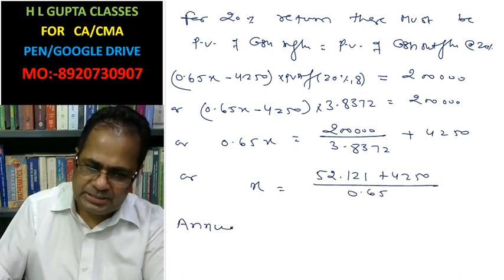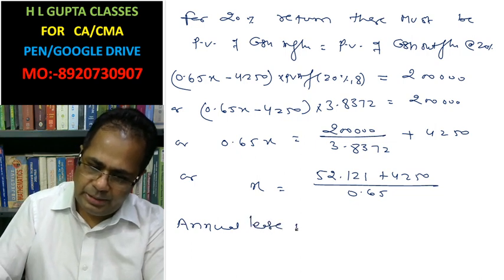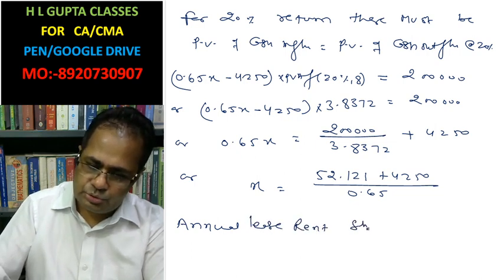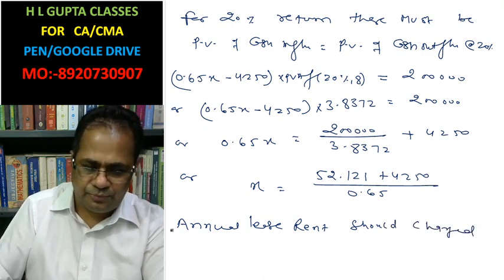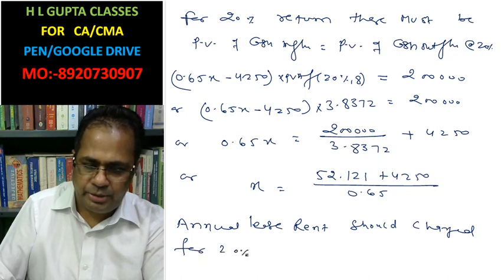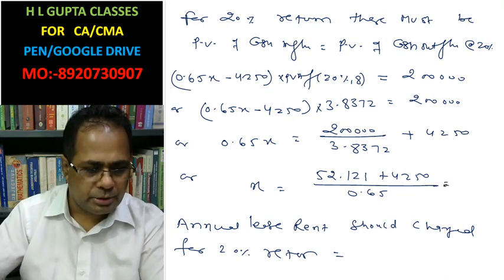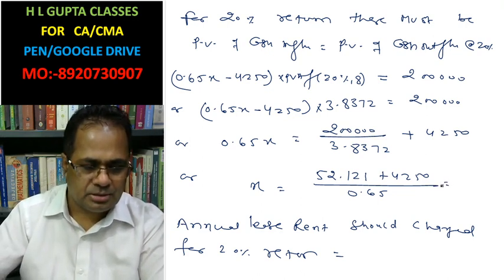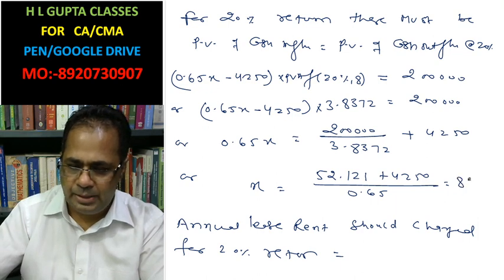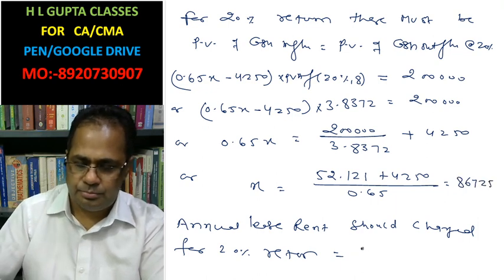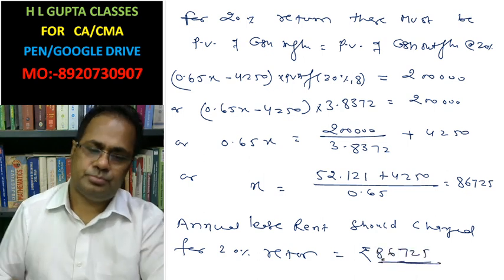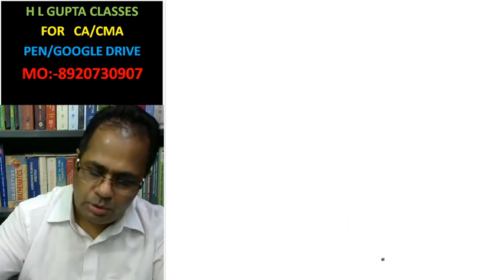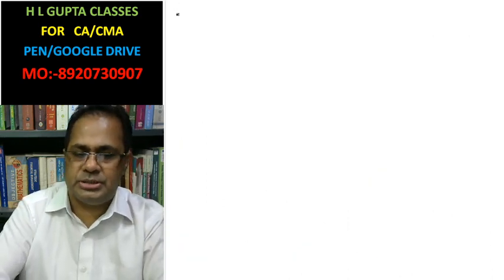The annual lease rent that should be charged for 20% return should be 86725. Okay, now the answer of part D we need to consider.